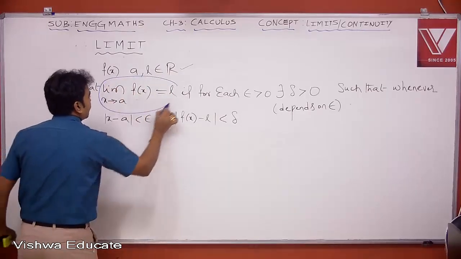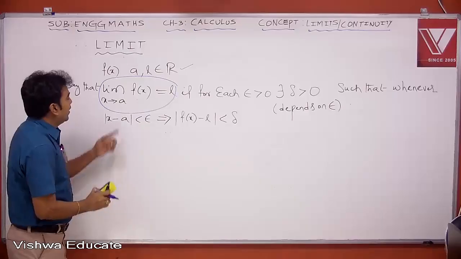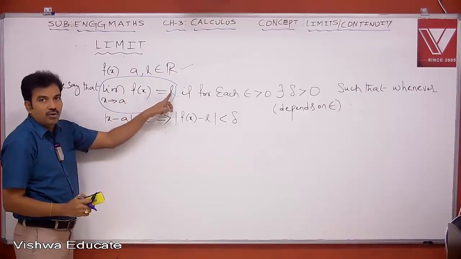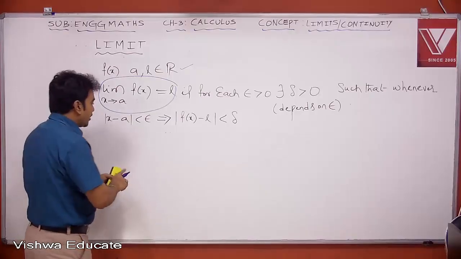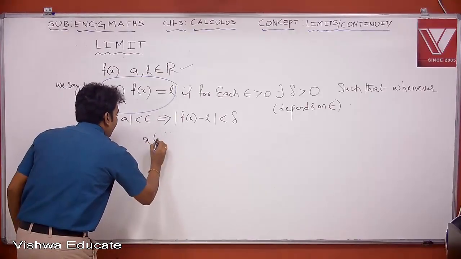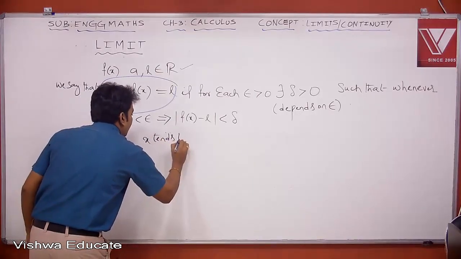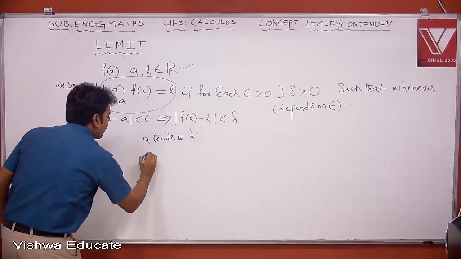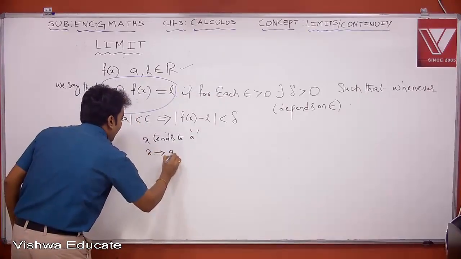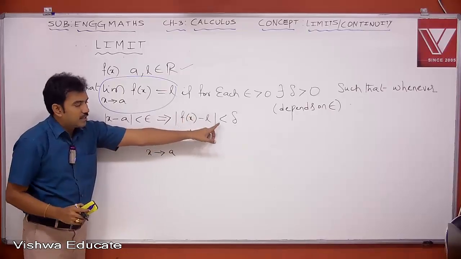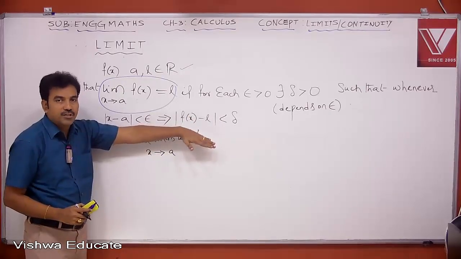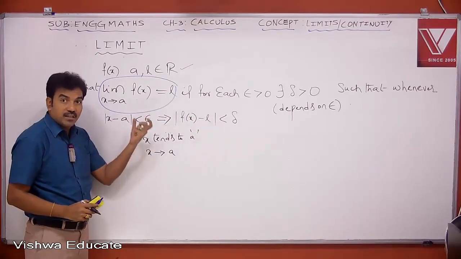Here I am saying that x tends to a. What does it mean? That means x values are slowly approaching a. So when x is approaching a, f of x is approaching L. That's the basic concept. But how to express it mathematically?